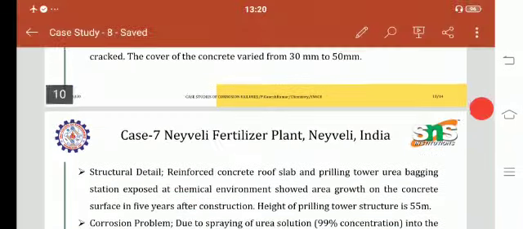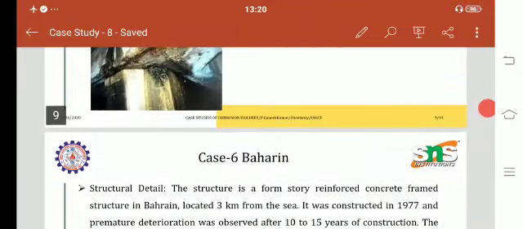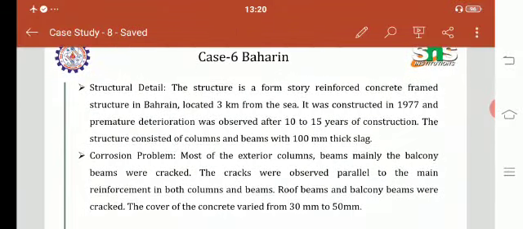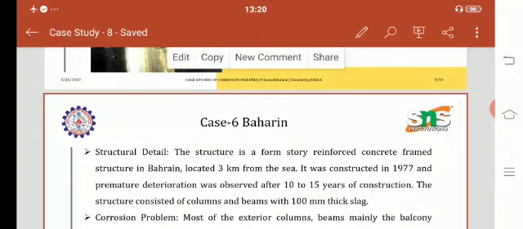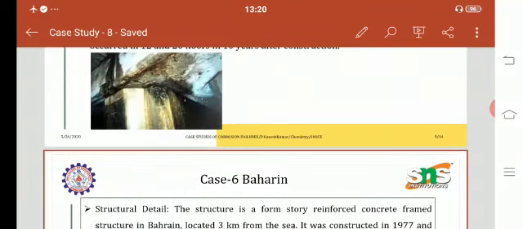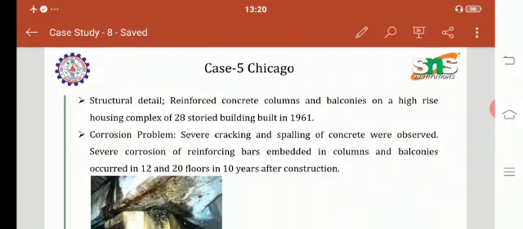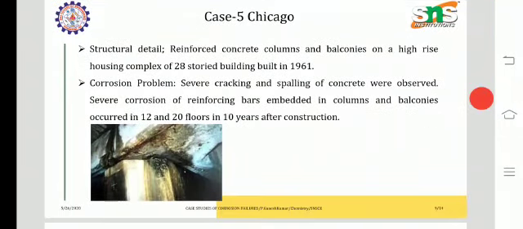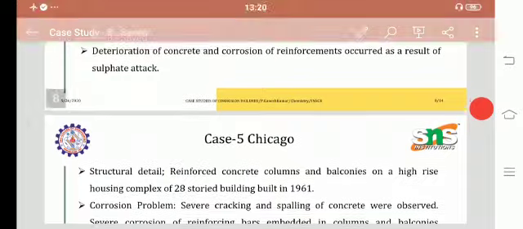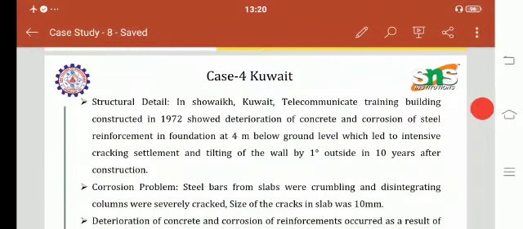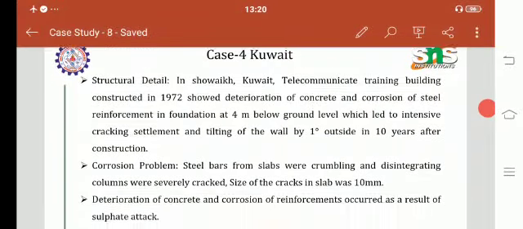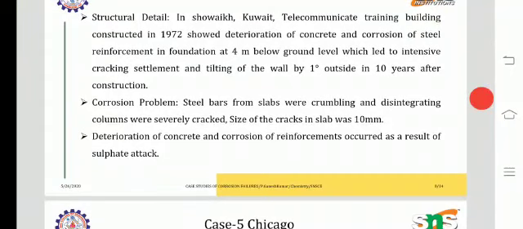So this has been observed in Bahrain, where it was a major thing. In Chicago, due to the humid condition, we faced a lot of structural damage. In Kuwait also, the sulfate present in the soil causes the deterioration.